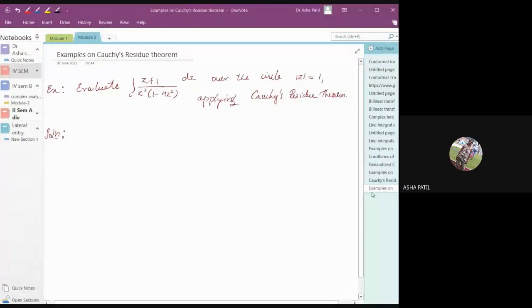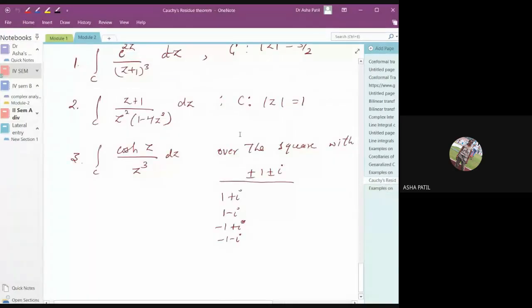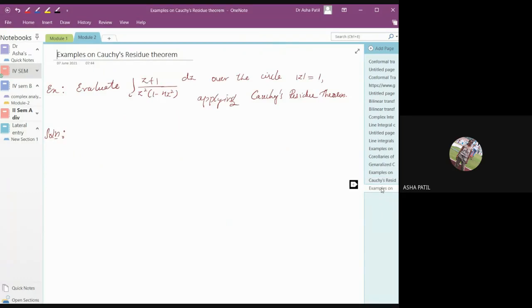I think I wrote the same example too. Others, have you solved it? If you solved it, we'll skip, or else we'll continue with the example. I didn't know that I had given it as homework, so I had written that only.